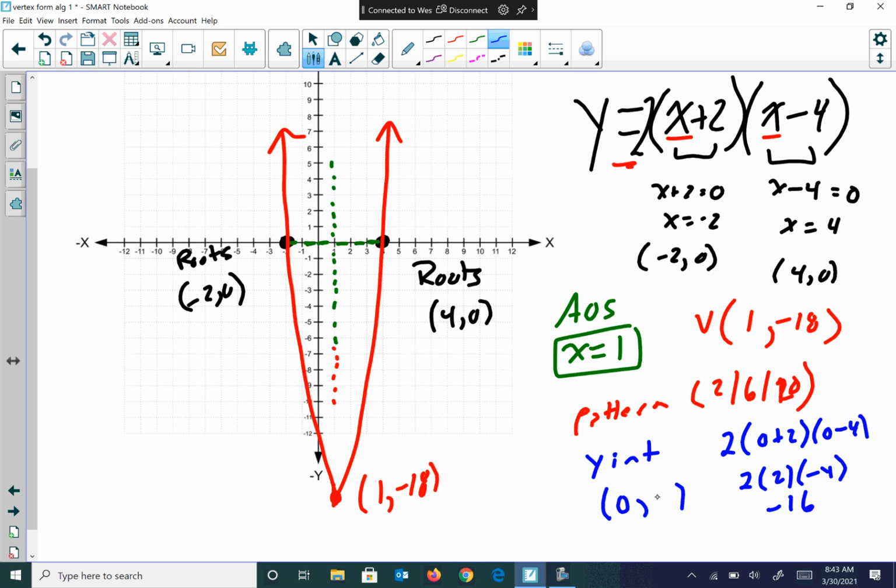So I get 0, negative 16, which again is really nasty and ugly. But again, the ones on the test will make it work. We found the y-intercept though. So if you can't find the y-intercept right away because there's not a c value, plug 0 in for x and it'll get you the y-intercept. Okay?